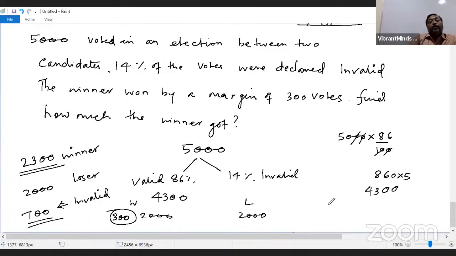Now see, I will give you a concept, and that is known as the concept of increase and decrease.